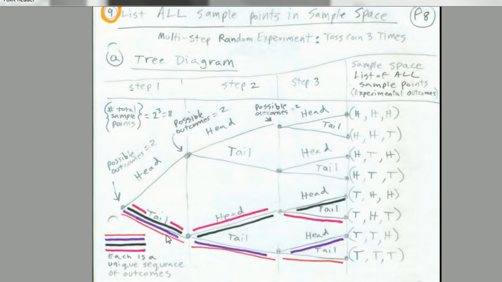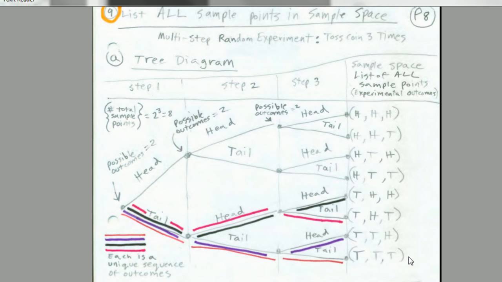So only on this outside, tail, tail, tail, that tells us one of the sample points. Tail, tail, head, there's another sample point. Tail, head, tail, still another sample point. And then tail, head, head, that's a 4th sample point. So you continue this tree diagram, and you can list all of the sample points.